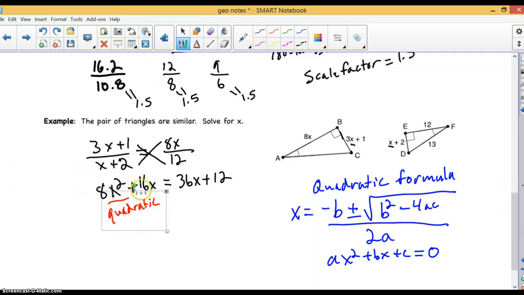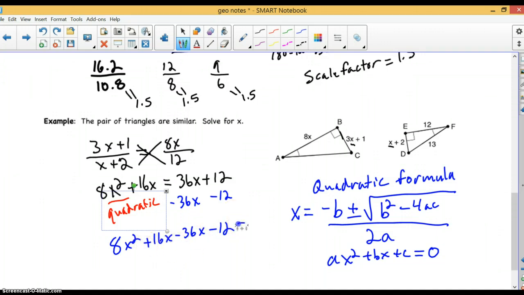We have x squared and 16x on this side, so let's bring over 3x plus 12. So we subtract 36x and subtract 12, so we get 8x squared plus 16x minus 36x minus 12.